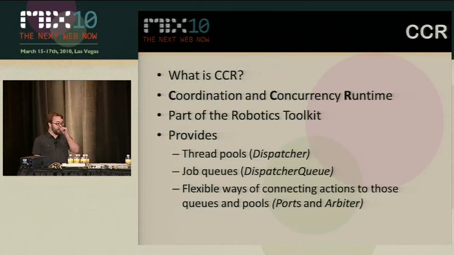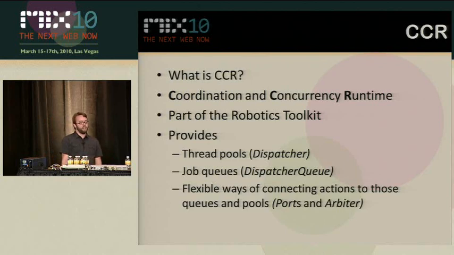So some of the things that the library provides are thread pools, which are called dispatchers in the CCR API. There are job queues called dispatcher queues, unsurprisingly. And there's a set of class libraries called ports and an arbiter that allow you to connect the queues and the thread pools in various ways.